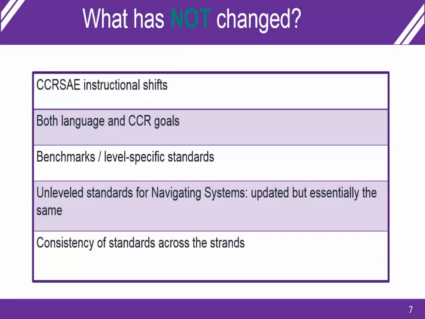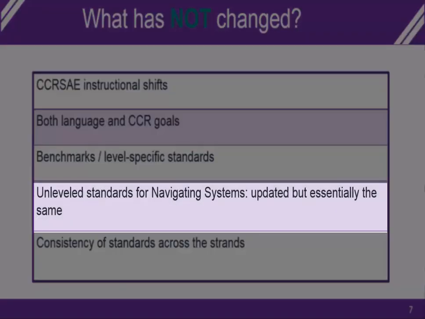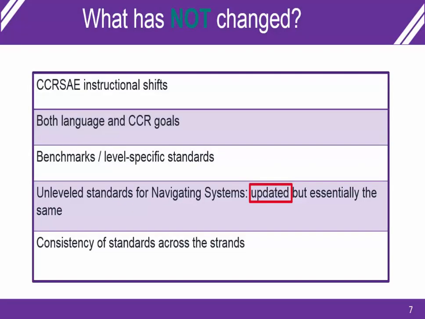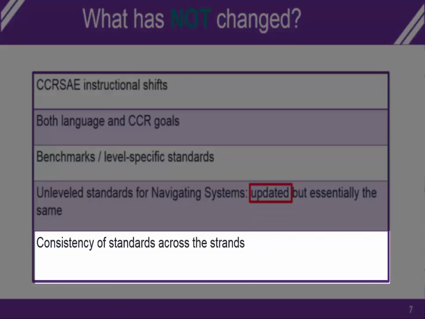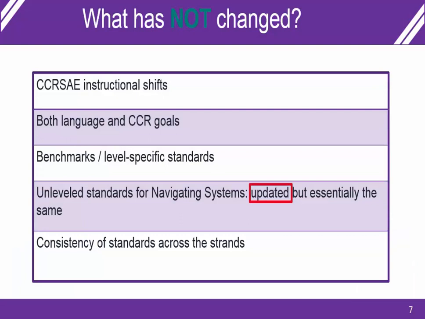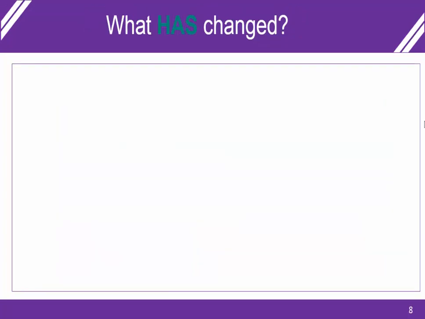There is still a strand called Navigating Systems, as there was in the Massachusetts curriculum framework, and that has been updated, but the essence of it is the same. And just as in the Massachusetts curriculum framework, there is consistency among the standards across the strands. For those of you who have worked for the past few years with the Massachusetts curriculum framework and the CCRS, there is a good amount in the new standards that will look familiar to you. That said, there are many elements that represent significant improvements from the previous documents.